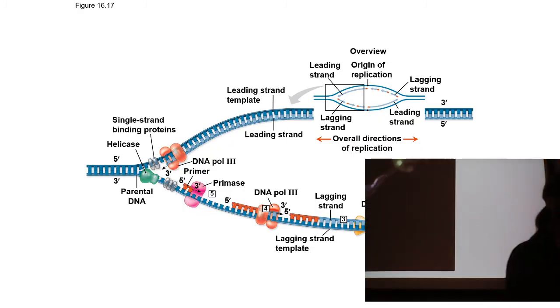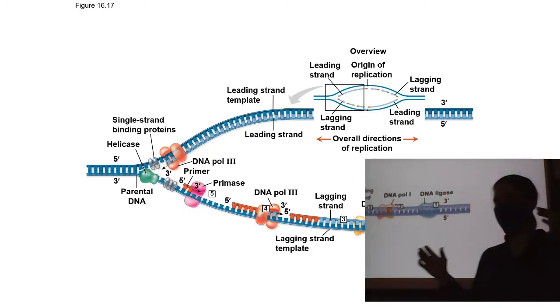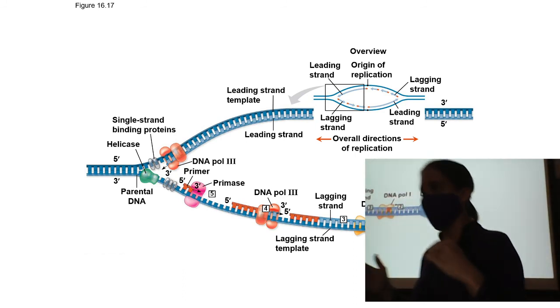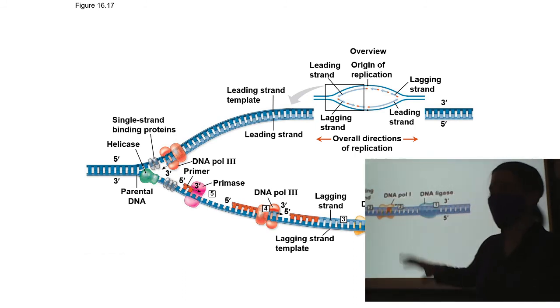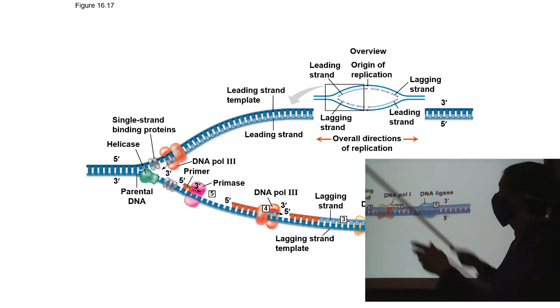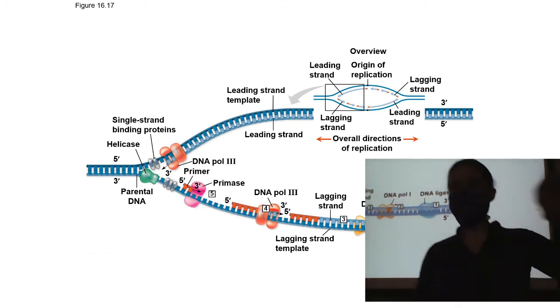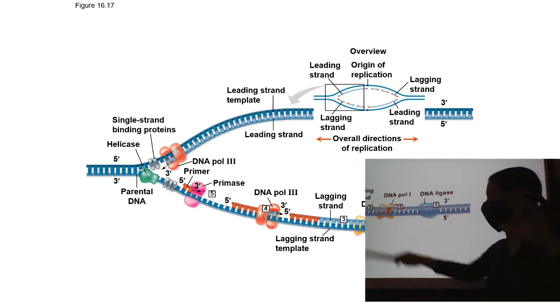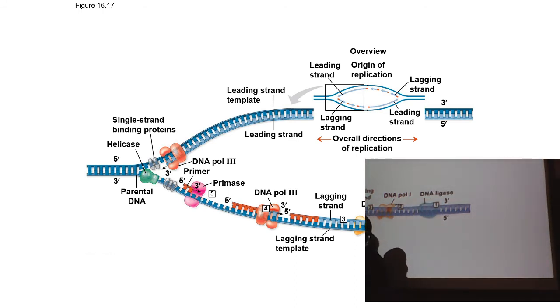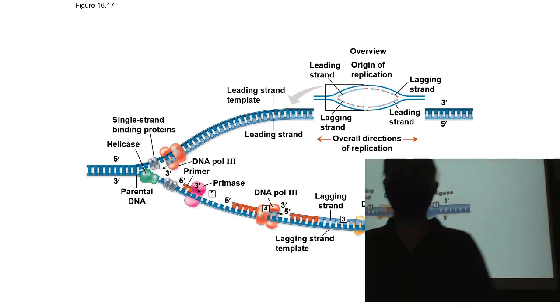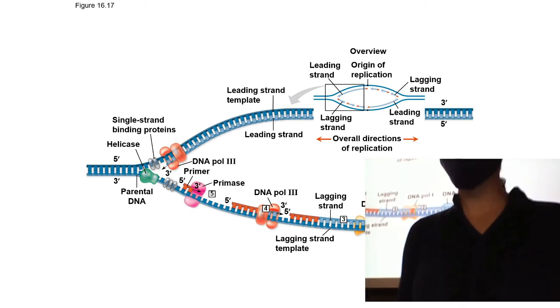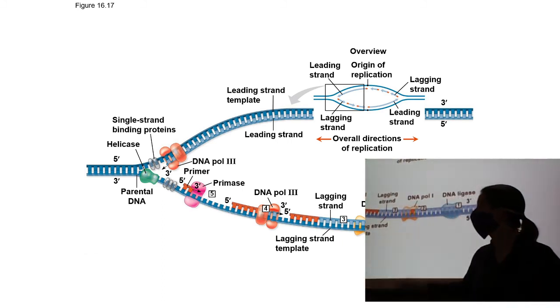Here's the picture of one half of the replication bubble. So watch it right now. You've got this bubble opening up. Topoisomerase is doing its thing. Helicase is doing its thing, moving along. The single strand binding proteins aren't shown, but they're doing their thing.